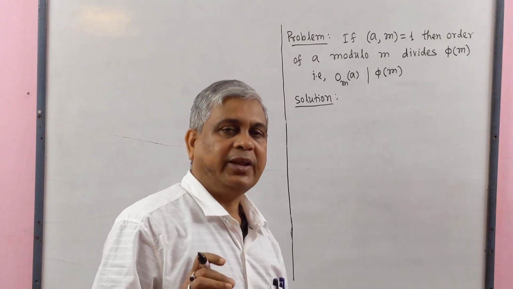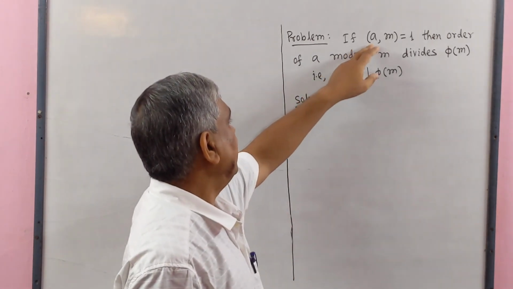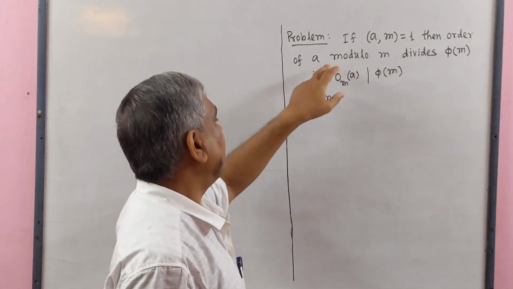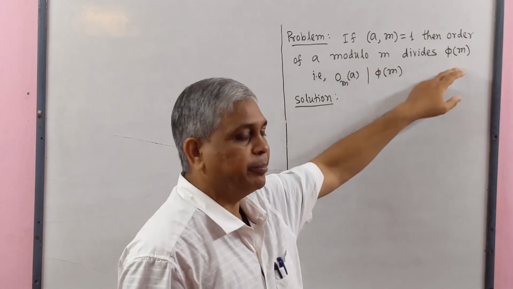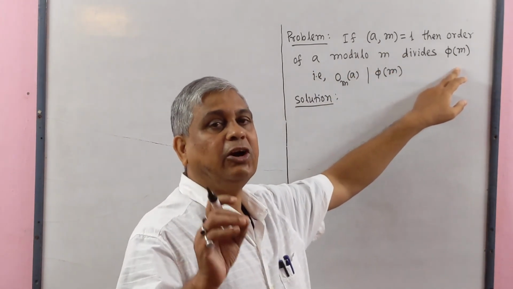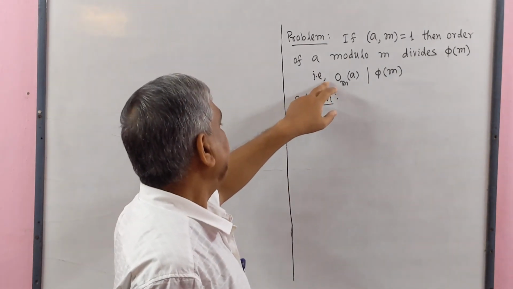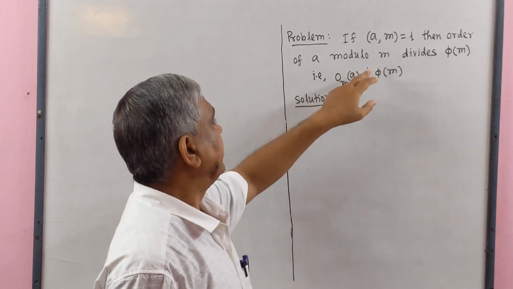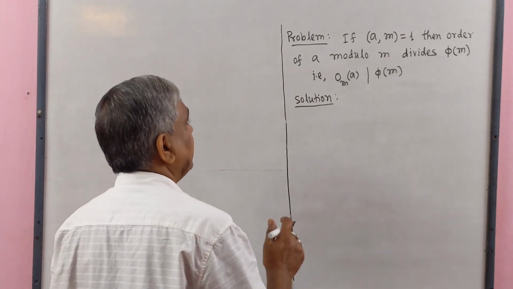Now we solve the next problem. Problem is, if GCD of A and M equal to 1, then order of A modulo M divides phi M. Phi M is the Euler's phi function of M. That is, order of A modulo M divides phi M. Now we solve this.